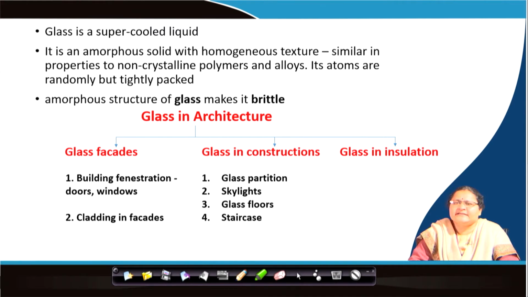We can have glass floors, where we can see what is happening below by walking through it. This gives a sense of transparency. Glass as a construction material, we can have glass staircases, which give a very transparent look.